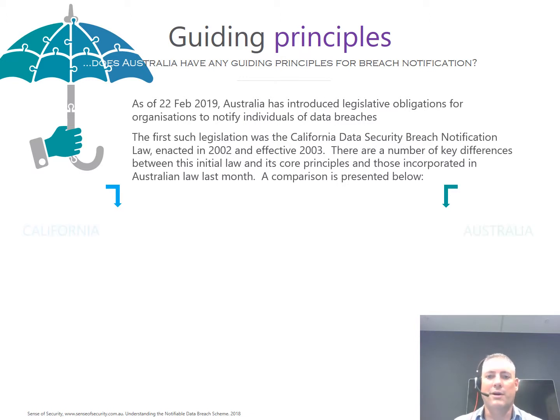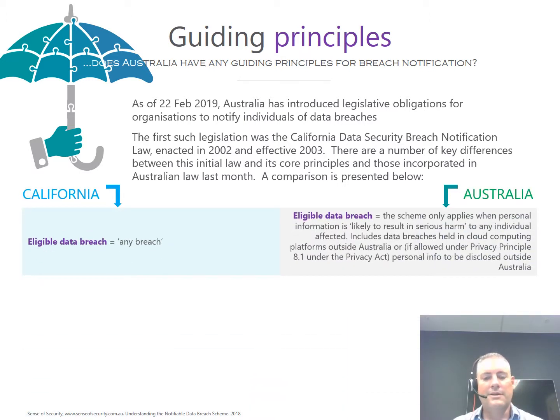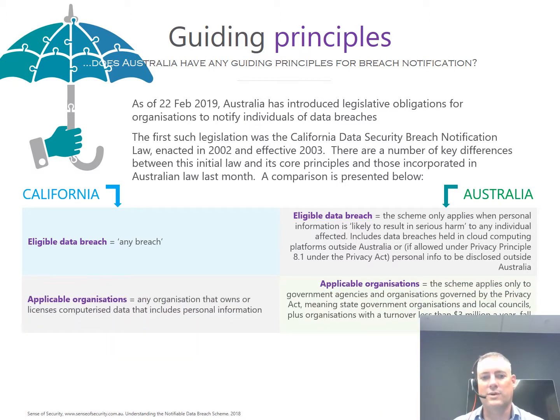I've given a bit of a comparison below, particularly in terms of definitions. So for instance, an eligible data breach in California is any breach, whereas in Australia, it only applies when personal information is likely to result in serious harm to any individual. And there are some issues with regards to where the information is actually held as well.